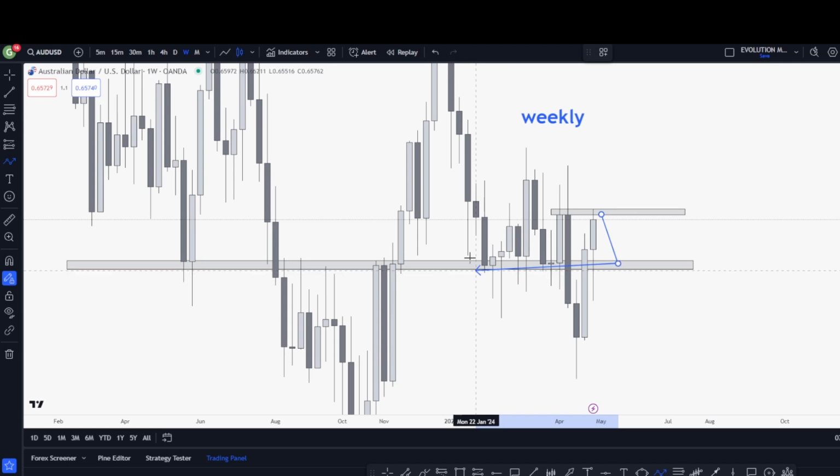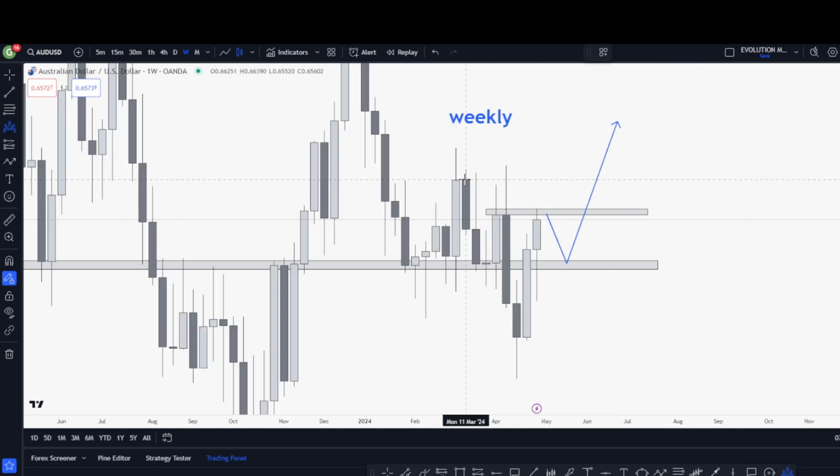Given that this area has held so strongly over the weeks as a strong area of support and resistance, we could see price drop and get rejected again in this area before it bounces off to the upside. Should that happen, it will have formed in the market what is known as a head and shoulders pattern.